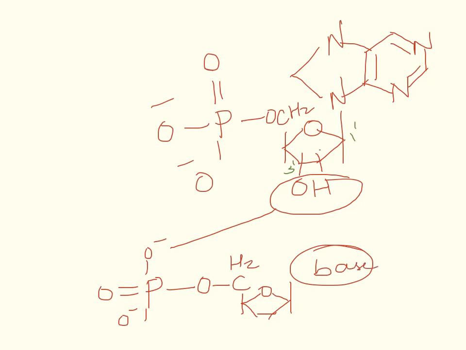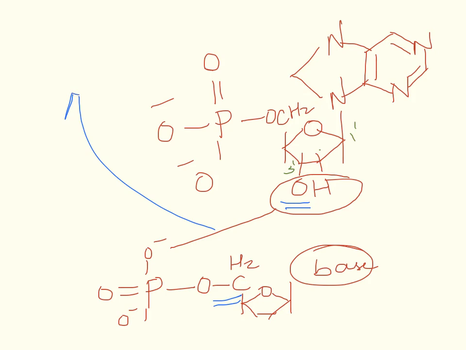When this linkage is formed, this is the 3 prime and this is the phosphate from a 5 prime. This is a 3 prime oxygen hydroxide linked to the phosphate from the 5 prime.